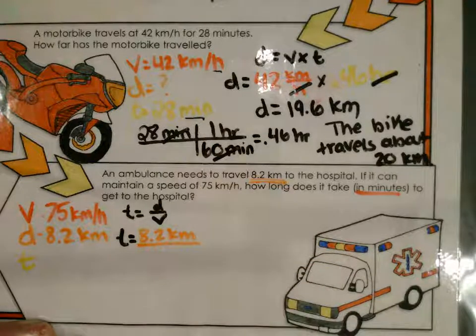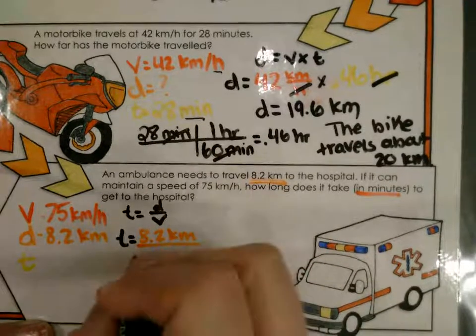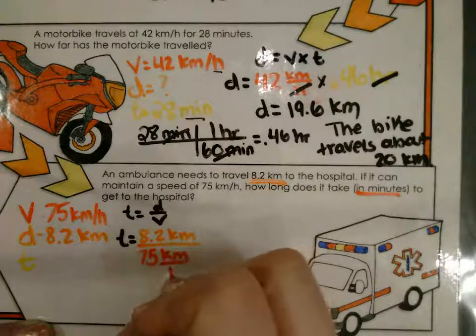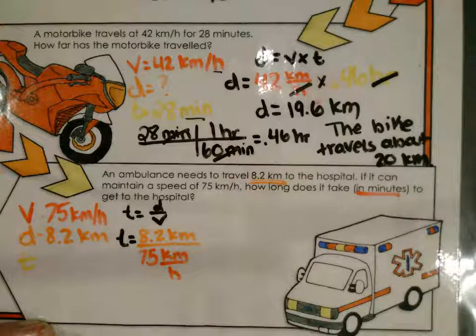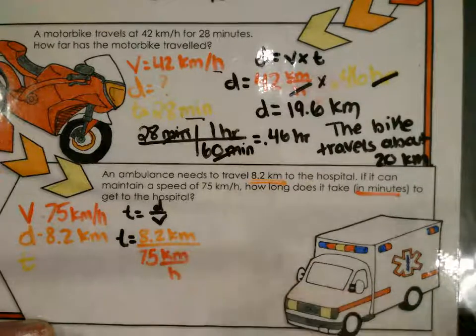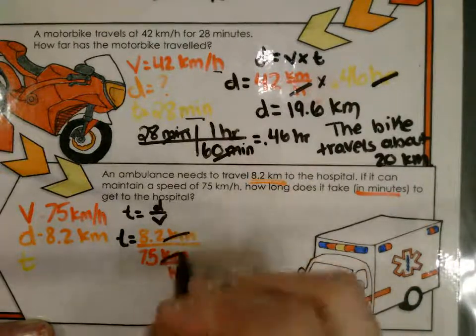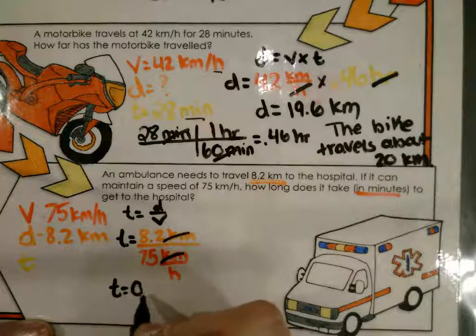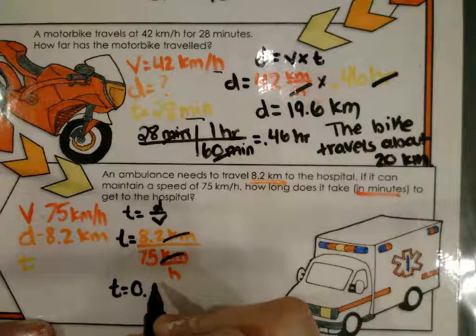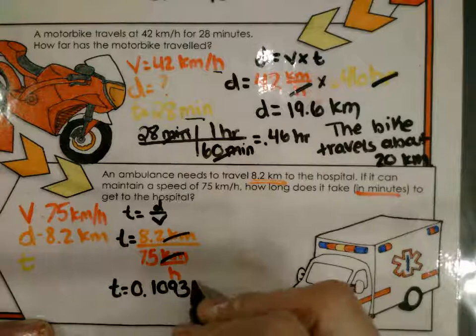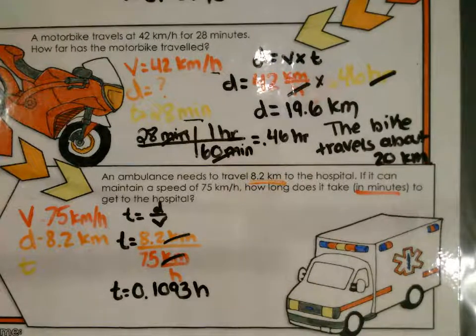My velocity is 75 kilometers over hour. My units cancel. My time is approximately 0.1093 hours. Great. We've got an answer.